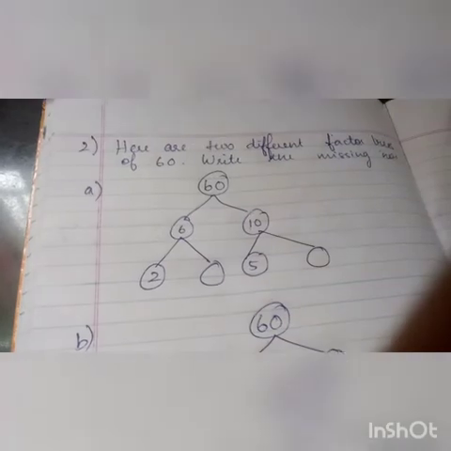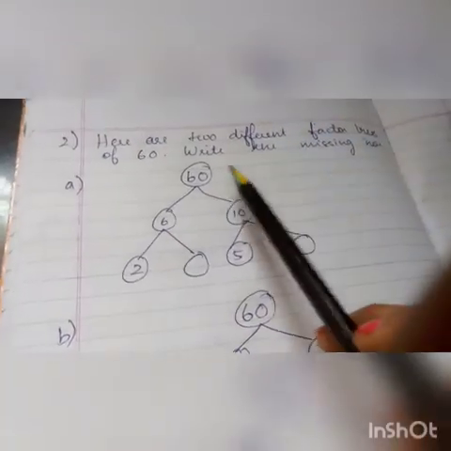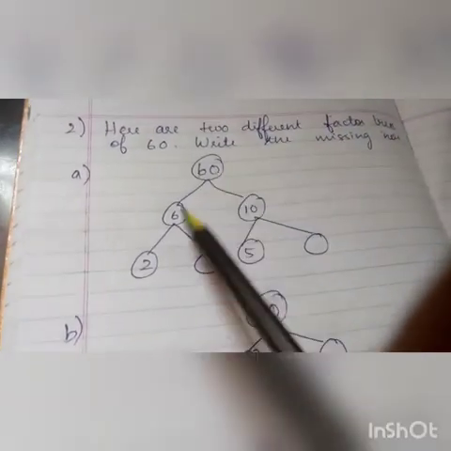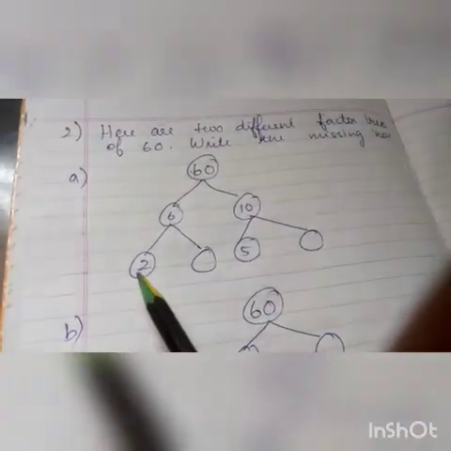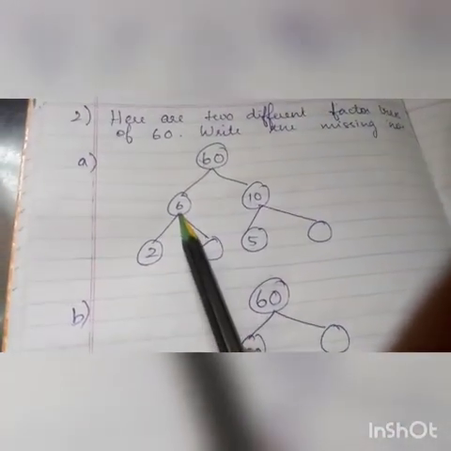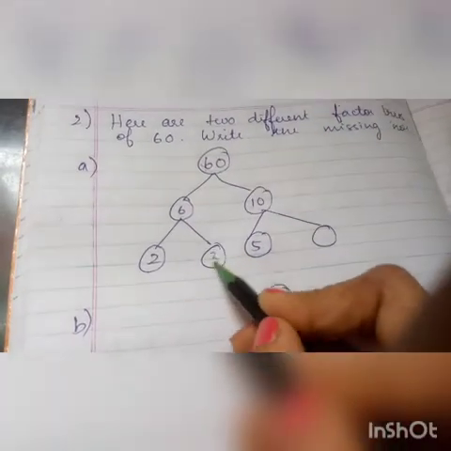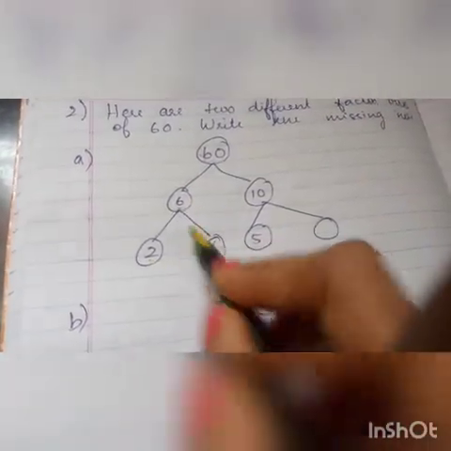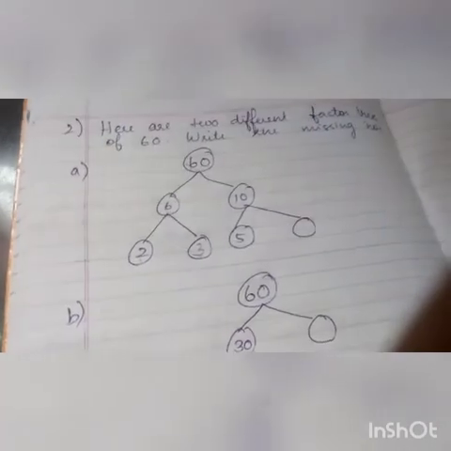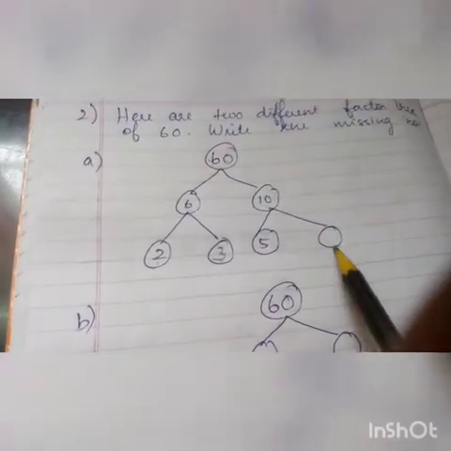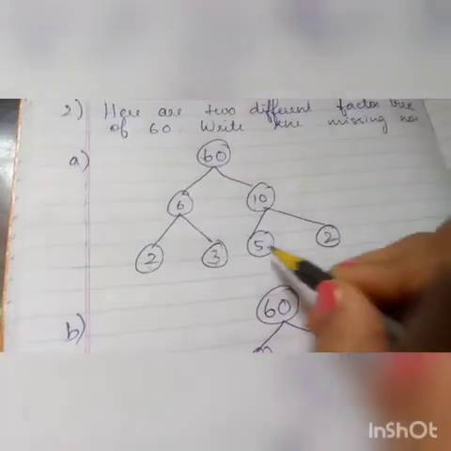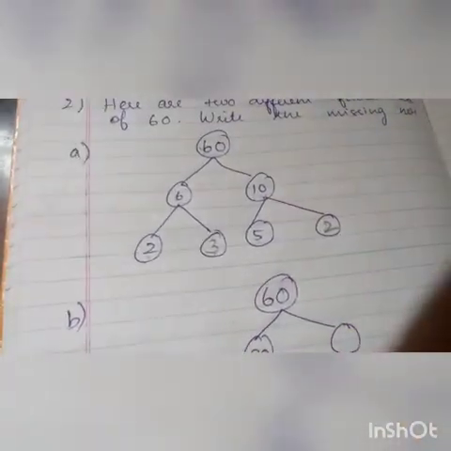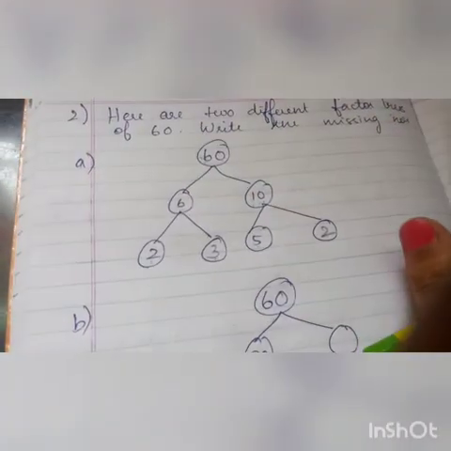Write the missing numbers. 60, how have they given? 6 into 10. 6: 2 into dash, you will get 6. 2 into 3, 6. Next, 5 into dash, you will get 10. 5 2s are 10. So A problem is over.